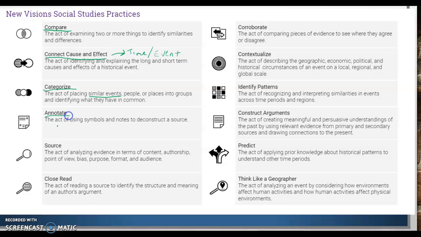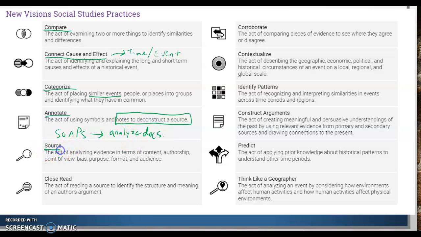We annotate the sources, and when we annotate, we are trying to take notes and deconstruct a source. I'll hand out a SOAPS document to you, most likely next week, and that's a guide on how to analyze a document. So we like to annotate our documents that way.